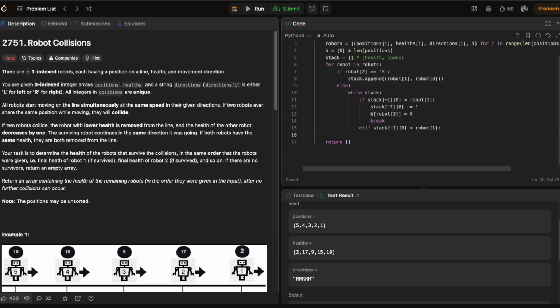Okay, so we can just do H stack.pop and then the robot's index is gonna equal 0. Yeah. And then our current robot 1 minus equal 1. So the health of our current robot goes down by 1. And then we don't break here because we still have to consider the rest of the robots on the stack.